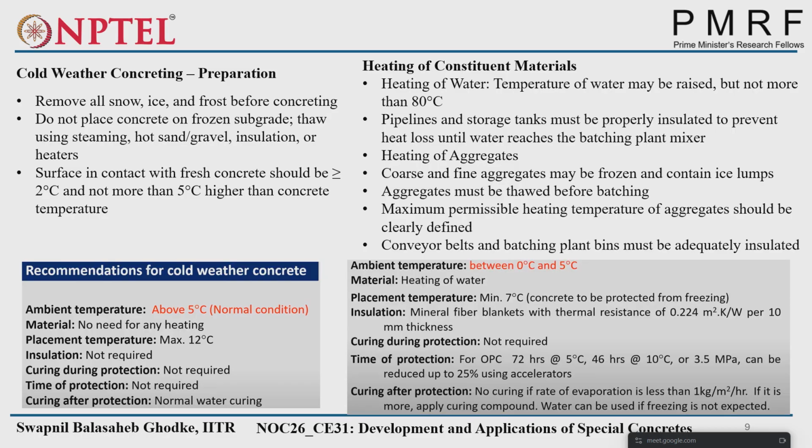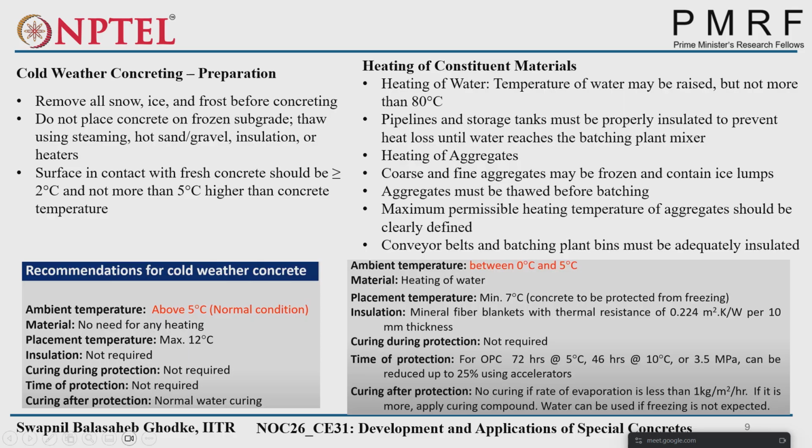But what happens if the ambient temperature is between 0 to 5 degrees Celsius? We have to go for heating of water. Whatever the temperature, we have to find out for our mix. Placement temperature minimum 7 degrees Celsius. Concrete is to be protected from freezing. For insulation we use mineral fiber blankets with thermal resistance.